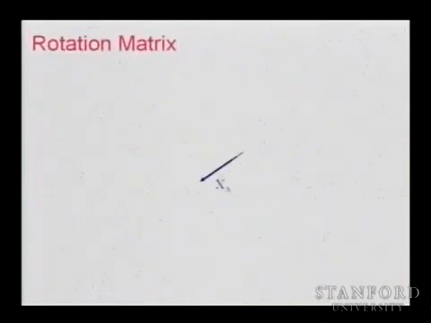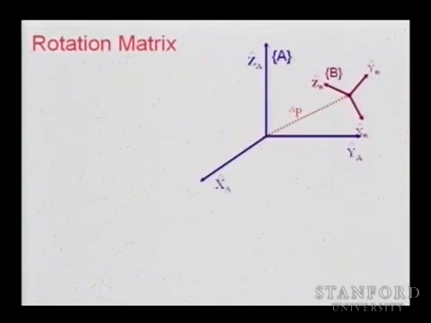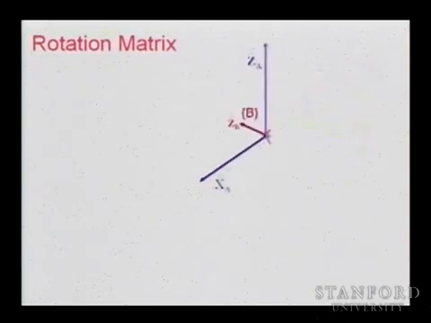Because we are concerned with just the rotations, I'm going to slide this frame and make PA equal to 0. So we will just move to the origin and think about the rotation. In this case, we will focus only on the rotation matrix and the rotations of that frame with respect to frame A. So we are now concerned with the rotation of frame B with respect to frame A.